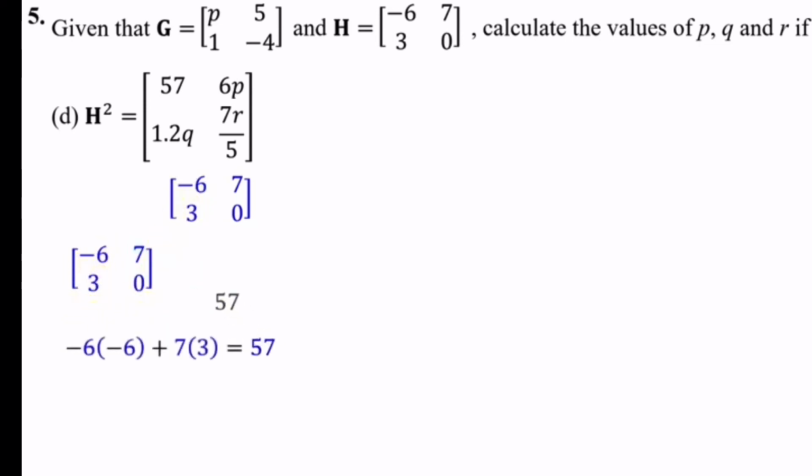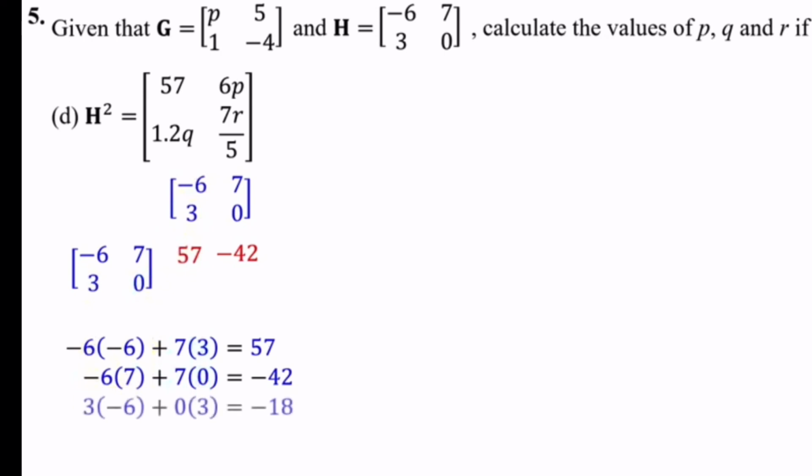So negative 6 times negative 6 plus 7 times 3, we get 57, followed by negative 6 times 7 plus 0 times 0, we get negative 42, followed by 3 times negative 6 plus 0 times 3. So we will get the answer, which is negative 18. And 3 times 7 plus 0 times 0 will get 21.